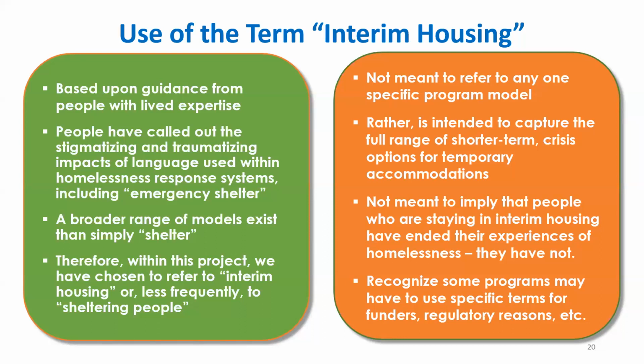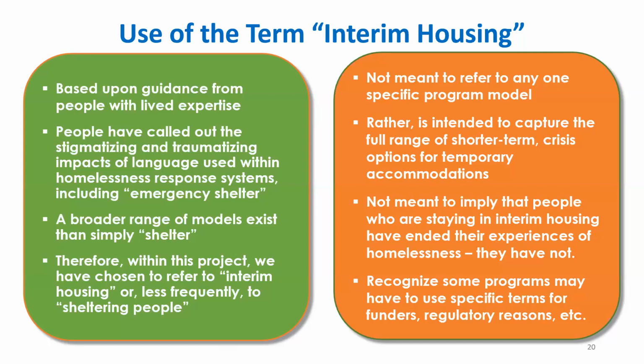The term interim housing is not meant to refer to one specific program model. Rather, the term is meant to refer to a full range of shorter-term crisis options for temporary accommodations, which may currently be referred to by a variety of terms: congregate or non-congregate emergency shelter, navigation centers, bridge housing, transitional housing, or other models or terms.